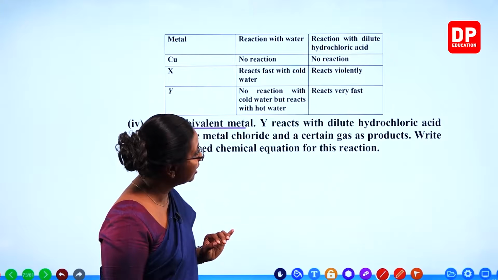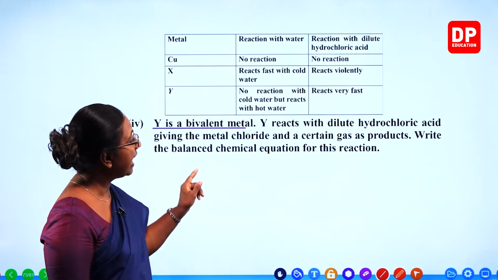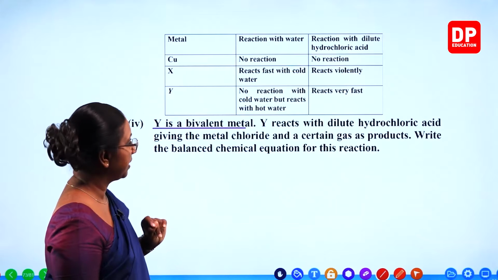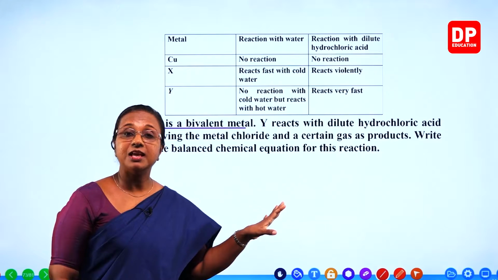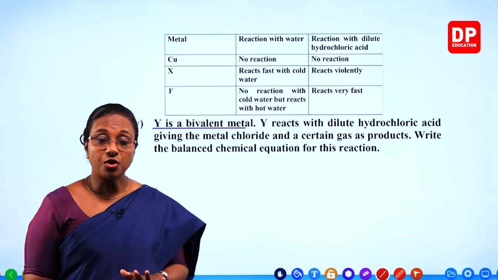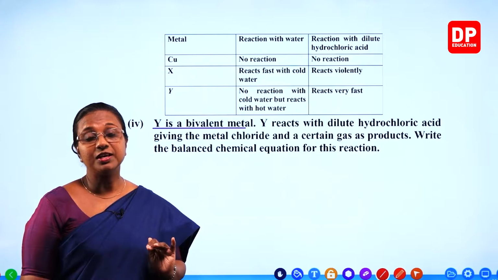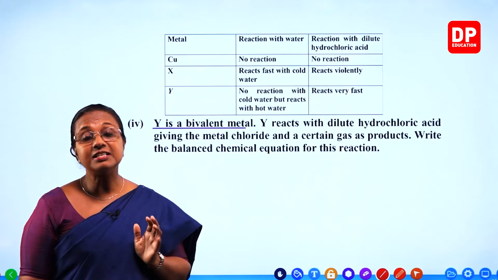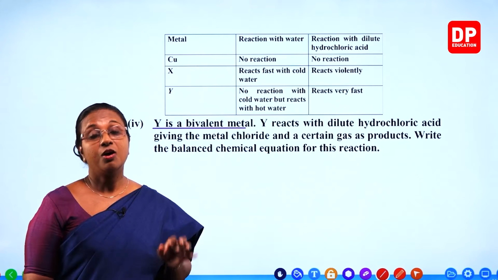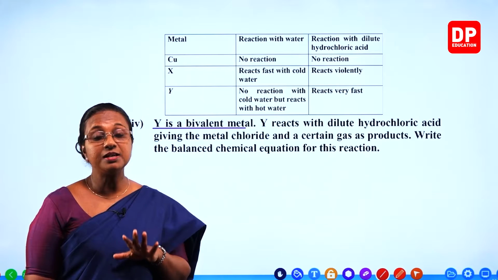Y reacts with dilute hydrochloric acid, giving the metal chloride and a certain gas as products. You are familiar with the reaction of metals with acids. They form the metal salt with the metal and the negative ion of the acid, and hydrogen gas is evolved. That is because it is a single displacement reaction.